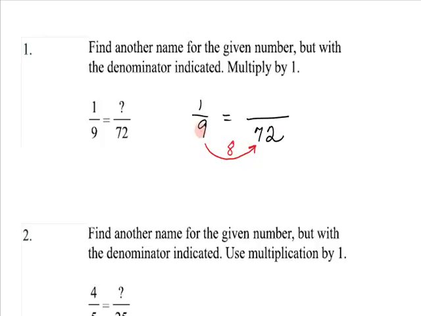But if the bottom was multiplied by 8, the top must also be multiplied by 8 so that we have this number 1, 8 over 8. 1 times 8 is 8. This is my new numerator, and you will just be filling in the box. So 1 out of 9 is equal to 8 out of 72.